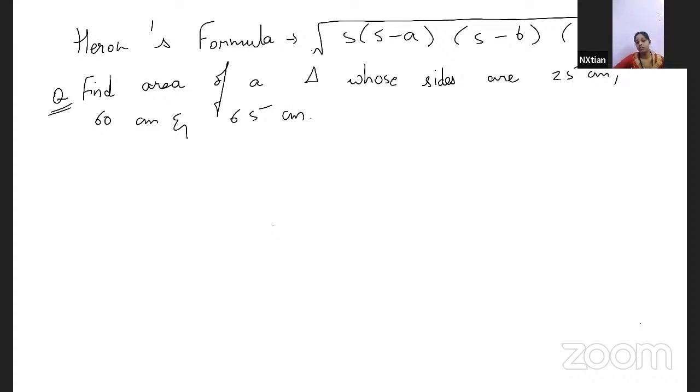Okay. So we have a triangle whose sides measure 25, 60, and 65 centimeter.